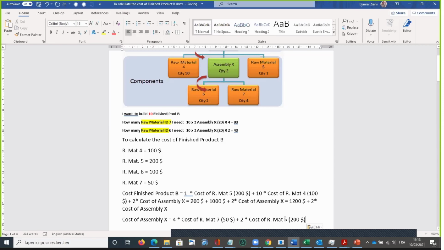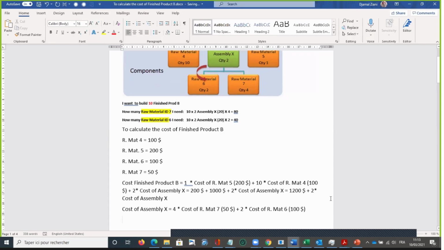Material 6 is what? Is 100. Okay, 100. So how much does this cost? This one, 550, doctor. Okay.